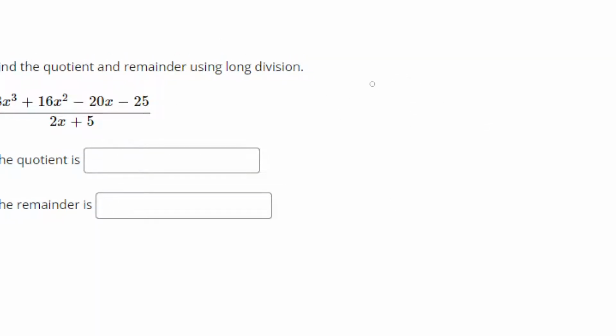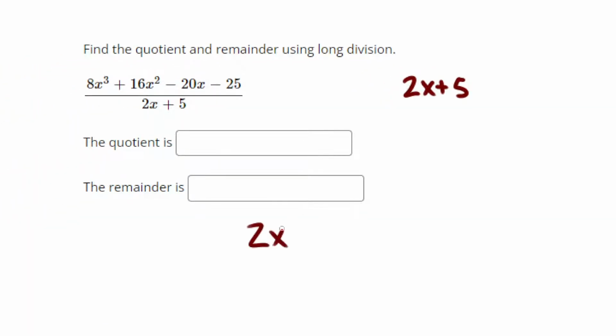So, I like to, again, rewrite these equations. So I have 2x plus 5. Now, if I had something like 2x squared plus 5, what's really useful is to add a placeholder for each term that you're missing in descending order. However, that doesn't really apply here since it's already in descending terms.